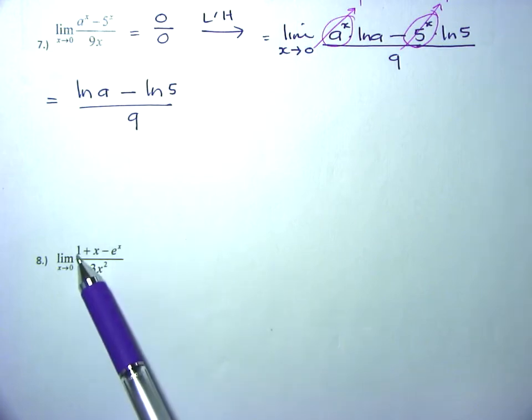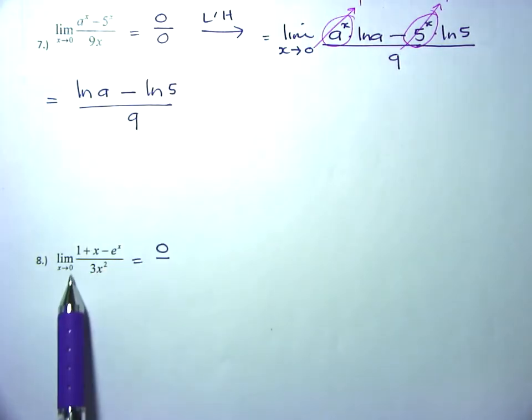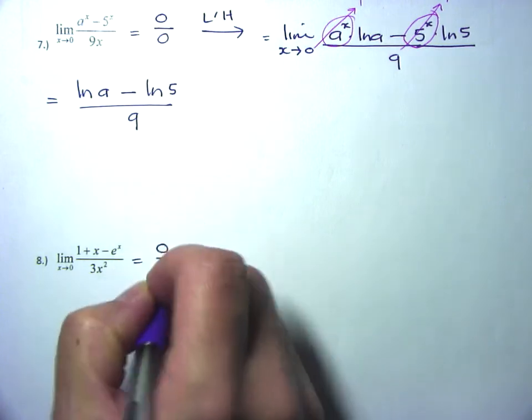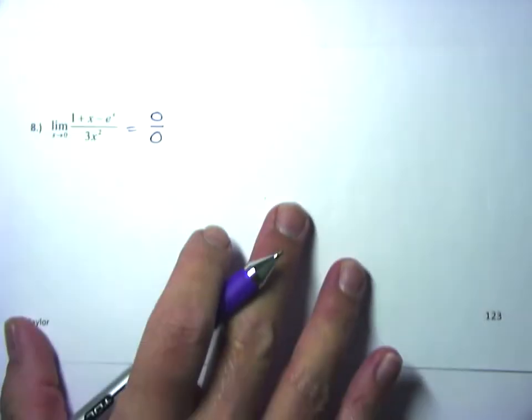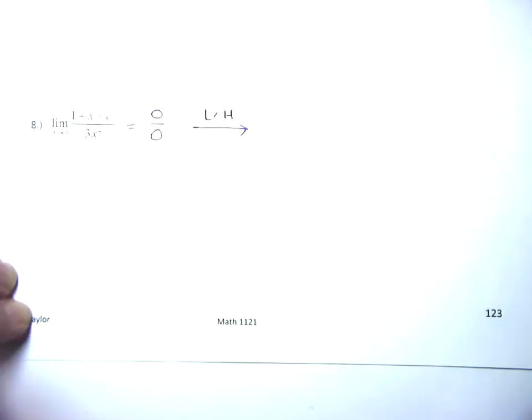So I have 1 plus 0 minus 1, that's equal to 0. If I plug 0 in for x in the denominator, 3 times 0 squared is 0. So we see our 0 over 0. That is our permission slip to use L'Hopital's rule.